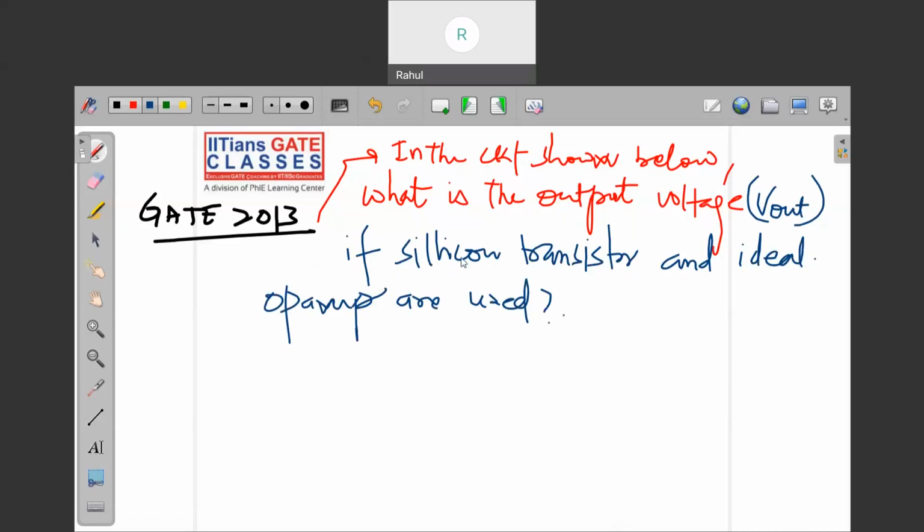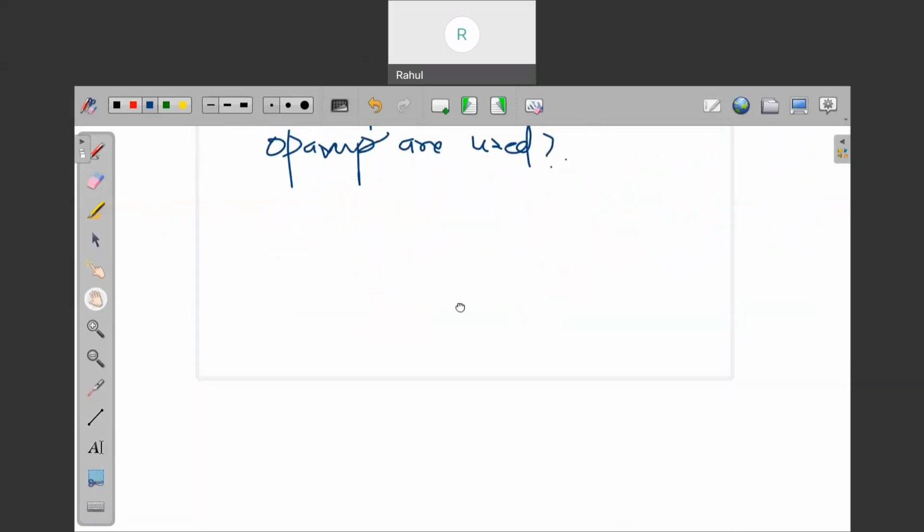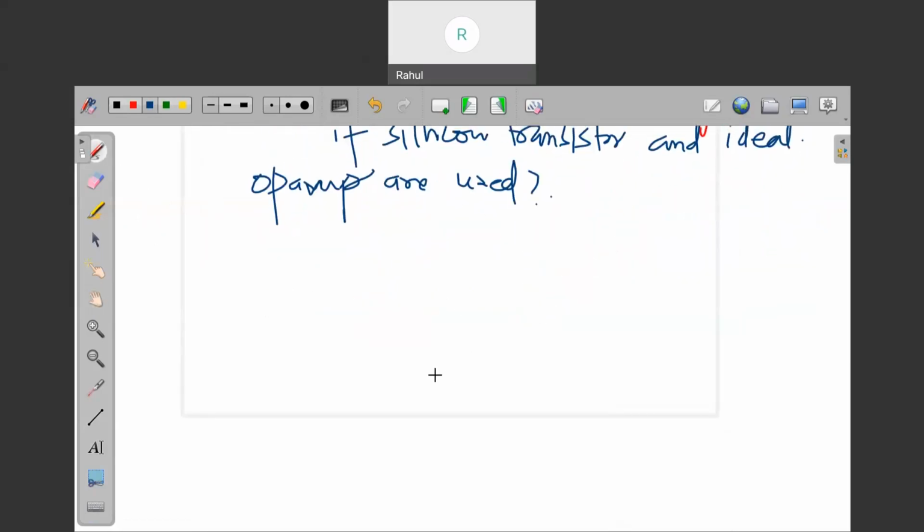So they have mentioned that there should be a silicon transistor. So let us see, for a silicon transistor to turn on, what shall be the voltage? The voltage shall be 0.7 across base and emitter. That important concept you must know.